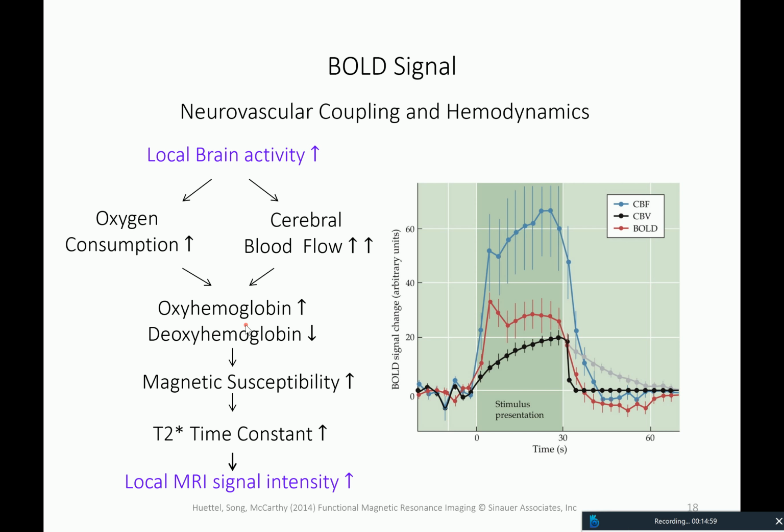One thing you might also get used to at this point is that neural activity actually leads to an increase in oxyhemoglobin and a decrease in deoxyhemoglobin, which is a little bit surprising because you would think neural activity eats up all the energy.